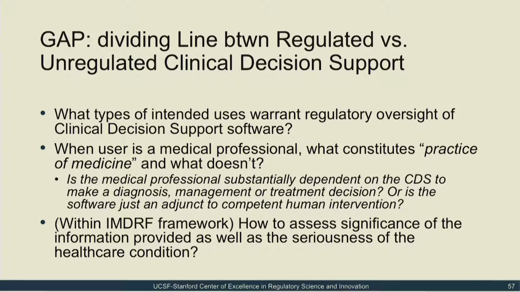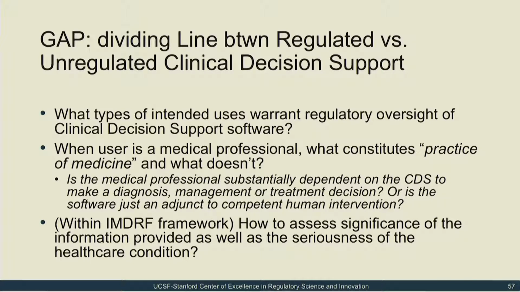The questions that the mobile health and the broader health IT industry community is asking, therefore, are: exactly what types of intended uses warrant regulatory oversight of clinical decision support software? And precisely when software informs the decision of a medical professional, where do we draw the line between software in support of the practice of medicine and software that the professional is so dependent on that it essentially replaces competent human intervention?